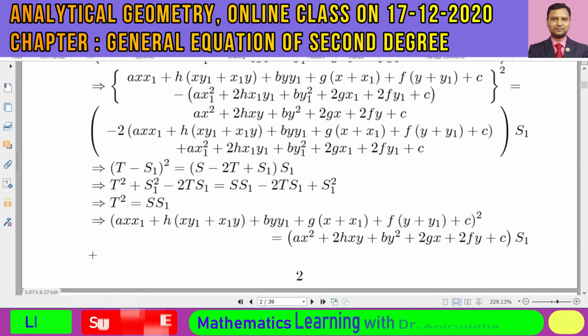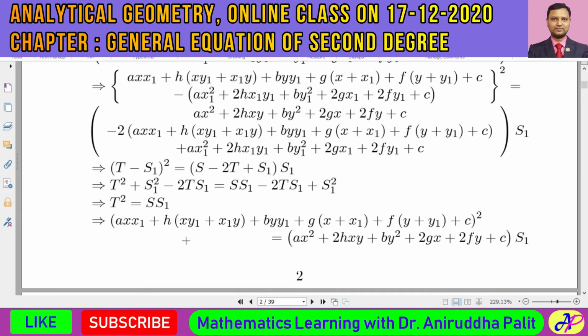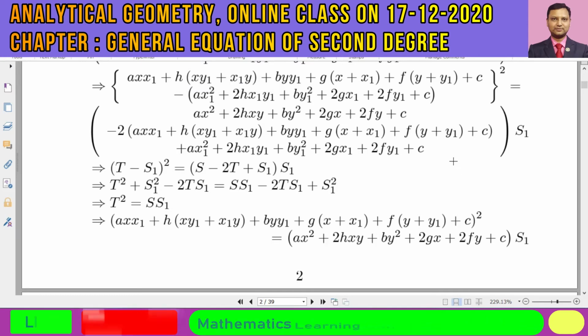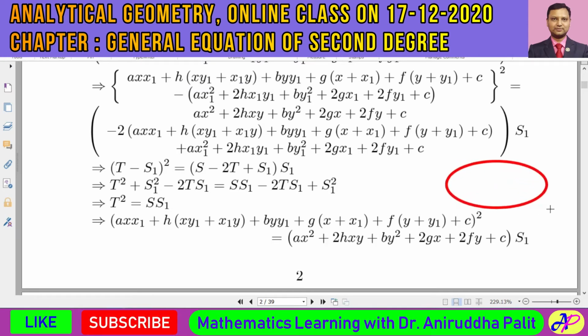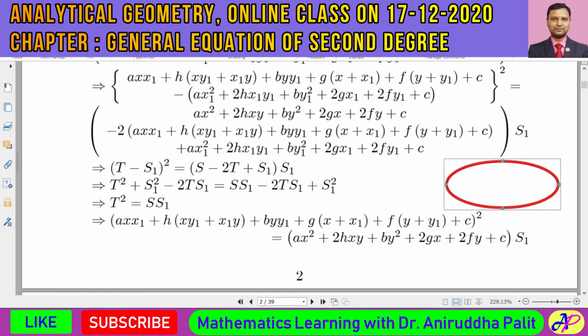Then what we get over here? That is a question. We actually get a pair of straight lines, and we were expecting a single tangent. That means we were expecting a single straight line, but we get a pair of straight lines. So what we actually get, let me write one more picture for you. Suppose we have a certain conic, okay, and now suppose we are drawing two straight lines.